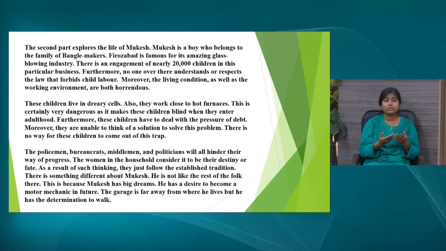When they enter adulthood, because they work in very close quarters with no oxygen and no fresh air, they start developing developmental delays and disabilities; their limbs are sometimes dysfunctional. So the writer is trying to point out that we need to have some sort of encouragement for these children and adults, so that they can come out of that situation and live life like other children do.